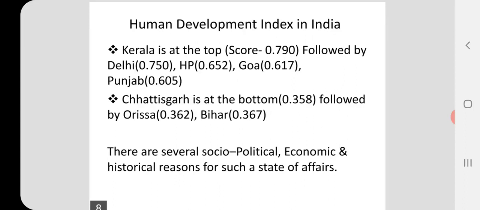So we can see the uneven human development index between the Indian states.